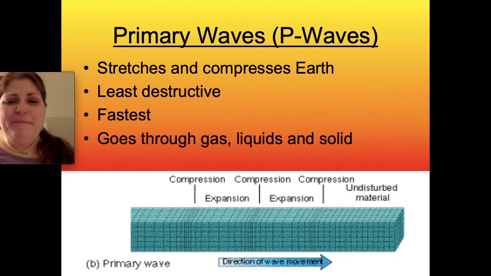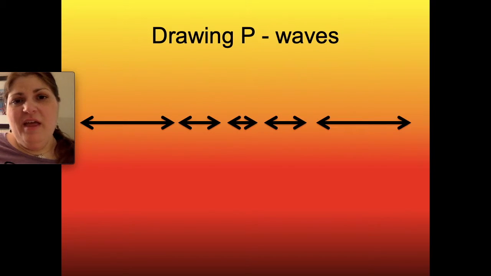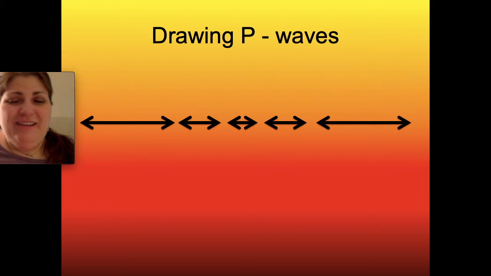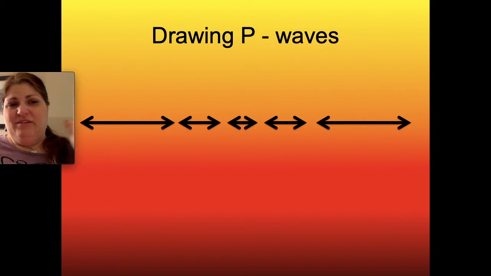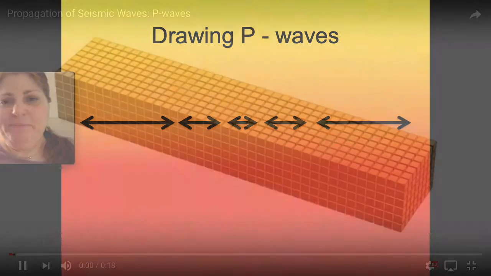So, the drawing, like I said, is kind of challenging to show. It's just stretching and compressing. And so if you look at this graph, you can see that the distance between the lines, which should be equidistant, aren't. The best way to draw it, I think, is something like this, because that other diagram is a little bit tough to show. And that is, there are lines that are stretched out and others that get compressed.